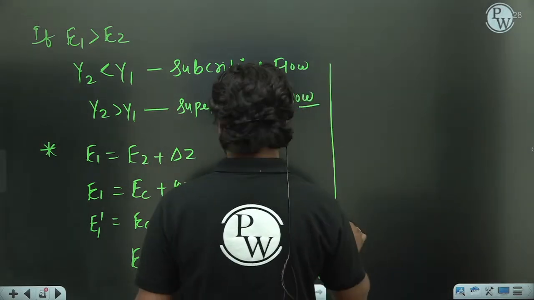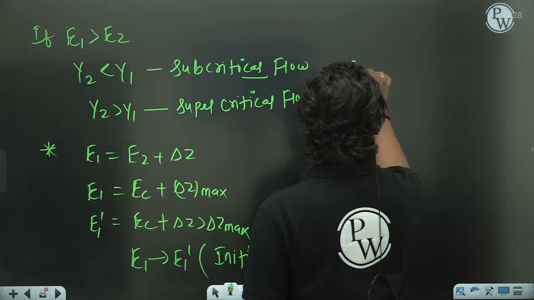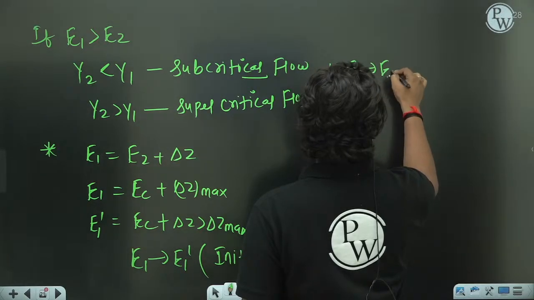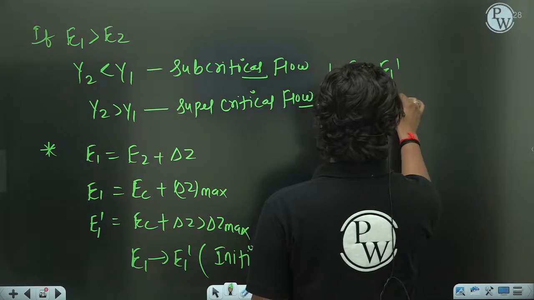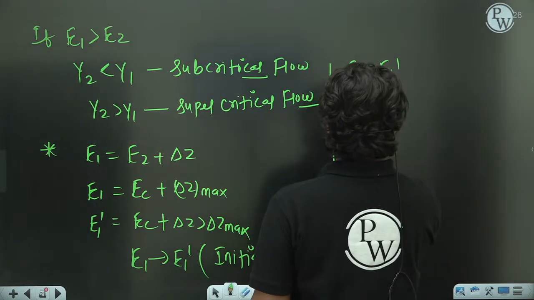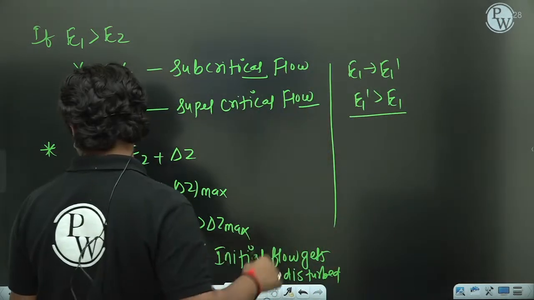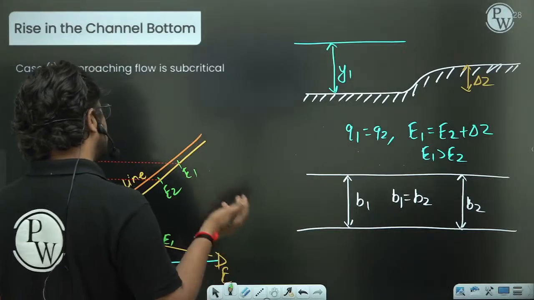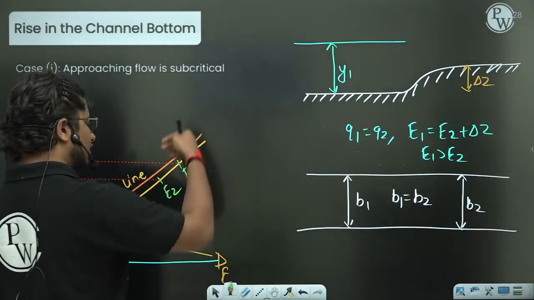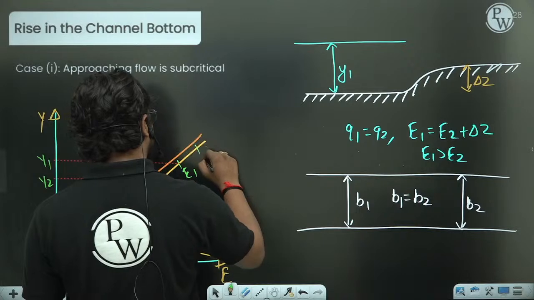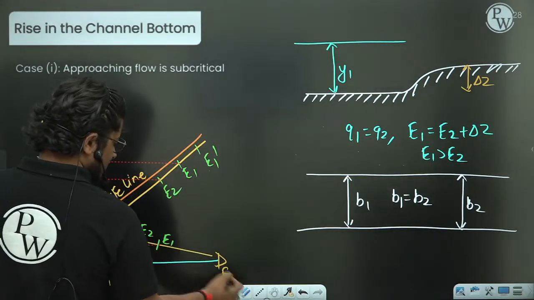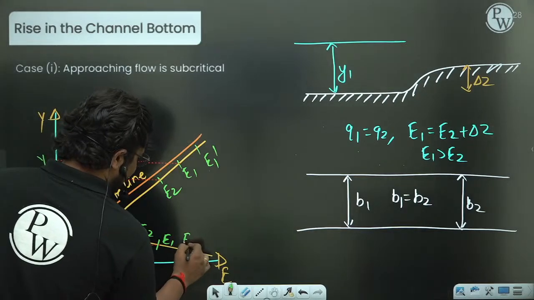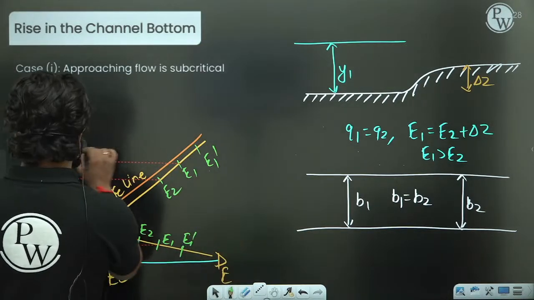Now look at, my dear. If E1 tends to E1 dash, as you know, definitely E1 dash will be more, na? For that, if you want to plot this E1 dash and E1 on the specific energy curve, again you have an option. Either you can go for the subcritical or supercritical. First time I am going in the subcritical, so it will be E1 dash here. And here it will be E1 dash for supercritical.